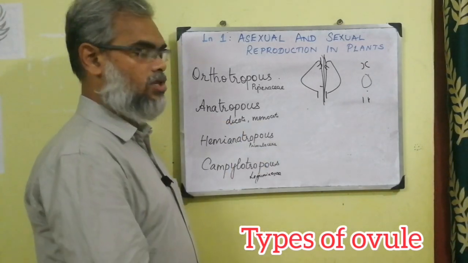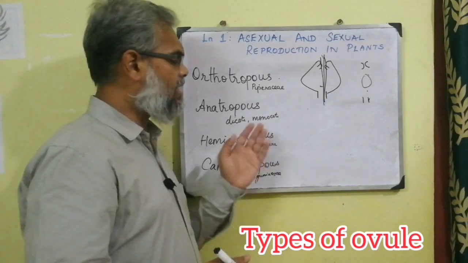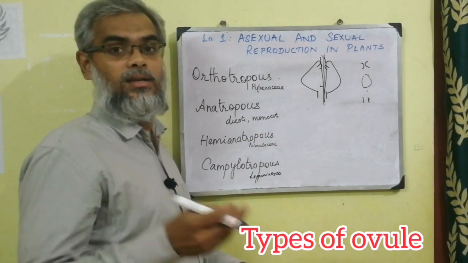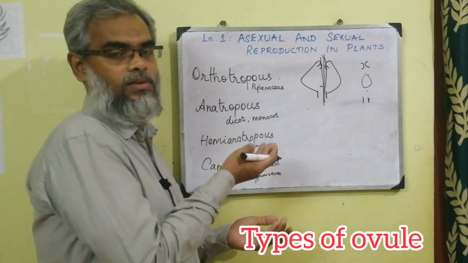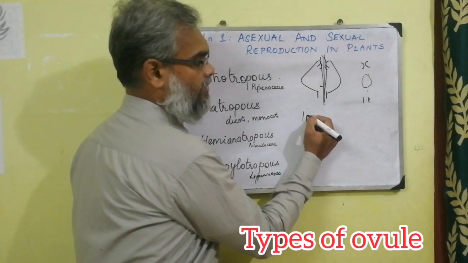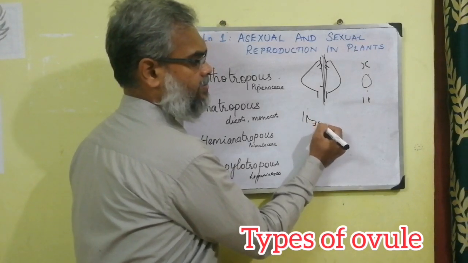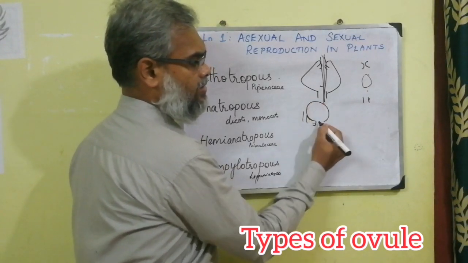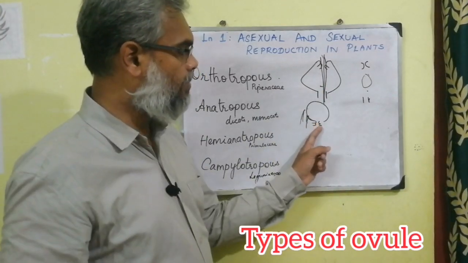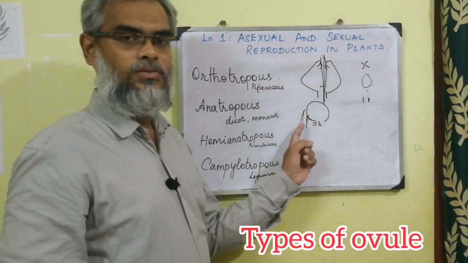Second one is anatropous. Anatropous is seen in most of the dicots and monocots, where generally we saw the diagram of our L.S. of ovule, no? So there are micropyle, integuments, likewise. Micropyle will be here, chalaza here, funicle.